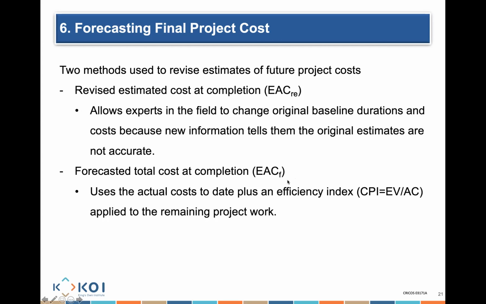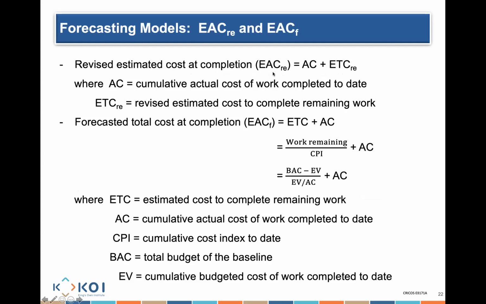So I'll be able to change my forecasted cost at completion for my particular project. Estimate at completion revision, how do I do it? Well, my actual cost plus my revised cost. So if I already spent $1,000 and I expect the remaining new work to require 250, then 1,000 plus 250, that's 1,250.